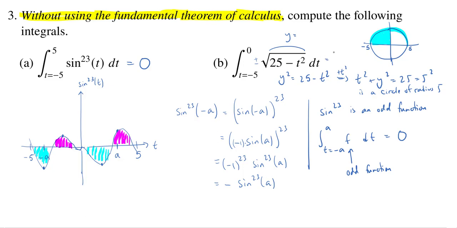So we get pi times 25, but then we're only getting 1/4 of it, so we have to divide by 4. And so our answer is 25 pi over 4. Again, no need to do an antiderivative, which in this case, we'd have to use some sort of trig substitution, which we're not so happy about. This is way easier of an approach.